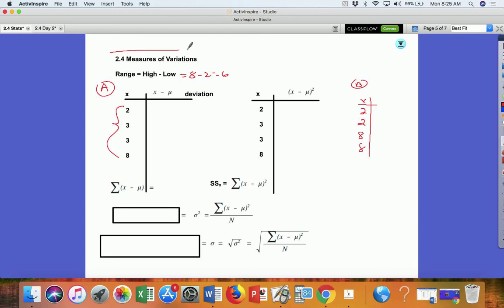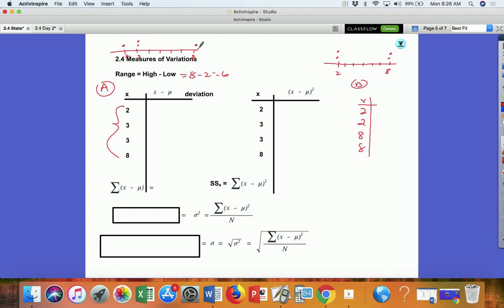In the first set, I've got a 2, 2 3s, and an 8. In this set, I have 2 2s and 2 8s.